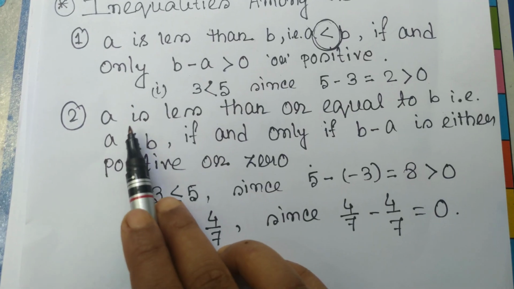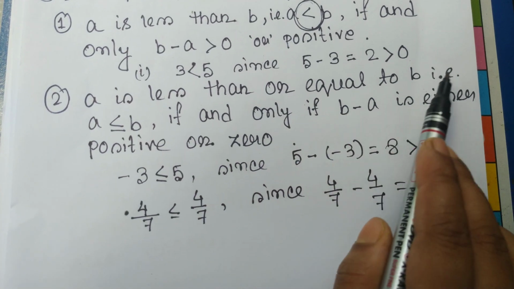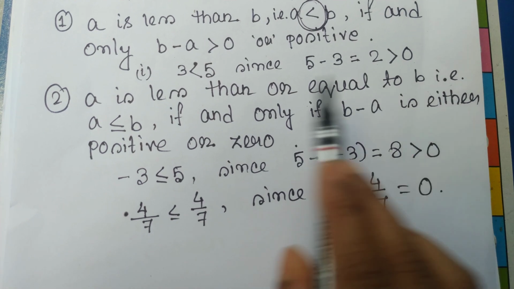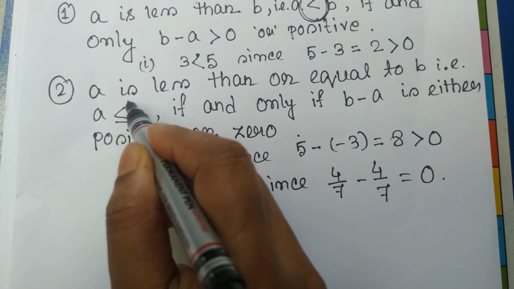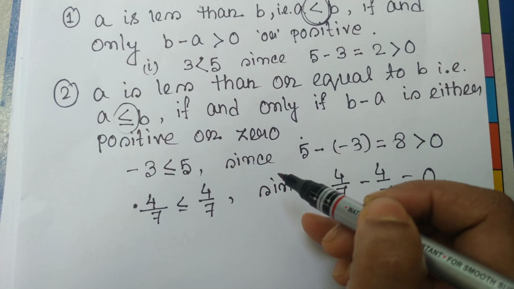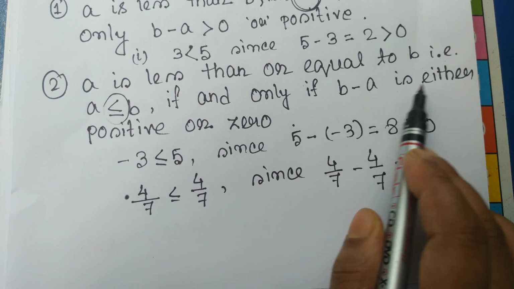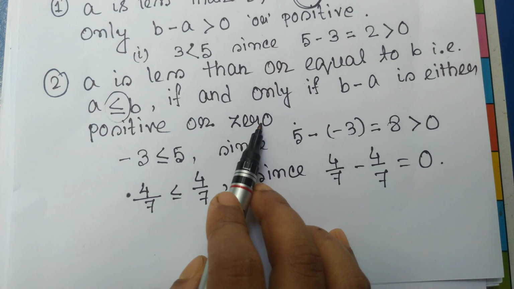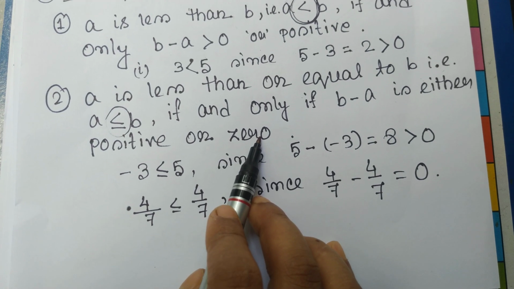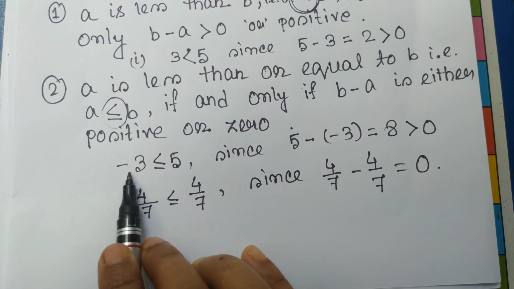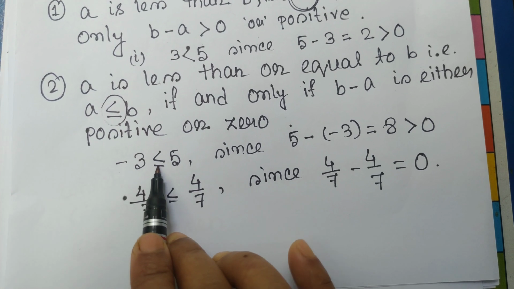Now when a is less than or equal to b, with this sign, a less than or equal to b, if and only if b minus a is either positive or 0. Let me give you one example. Minus 3 is less than or equal to 5.